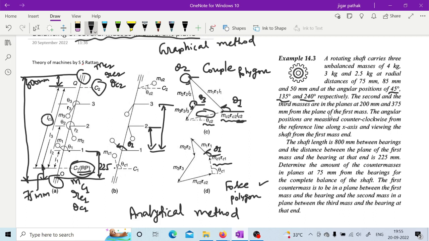So now, can you try? What you have to do is first go with the couple balance and then the force balance in order to find the balancing masses in the different planes.